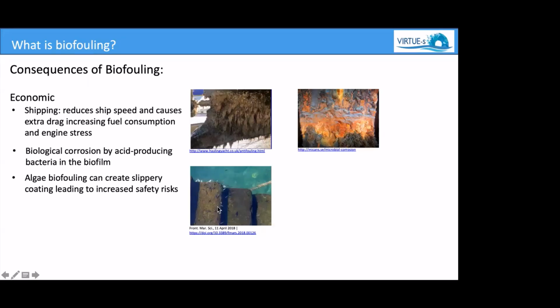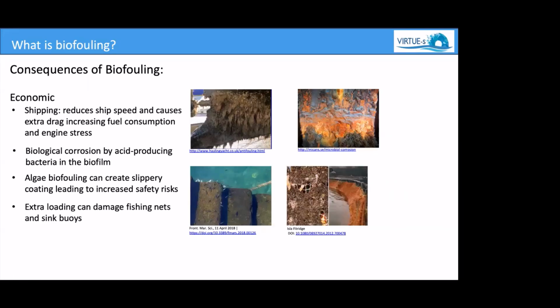So there will be increased safety risks. And then another example of the economic consequences of biofouling is in aquaculture, for instance, if they use nets for their fish cages, the nets will become clogged with biofoulers.